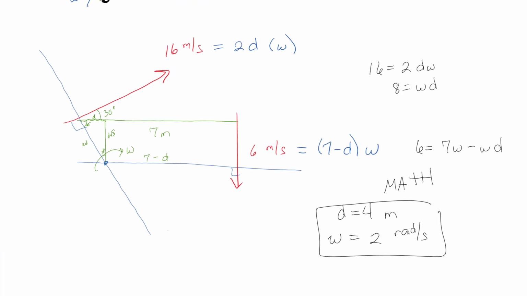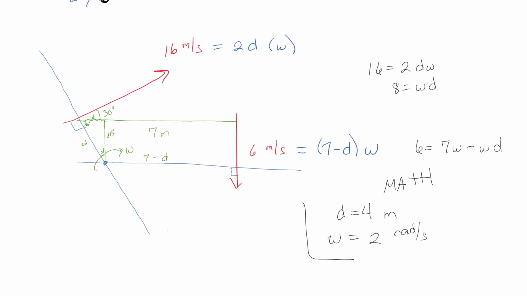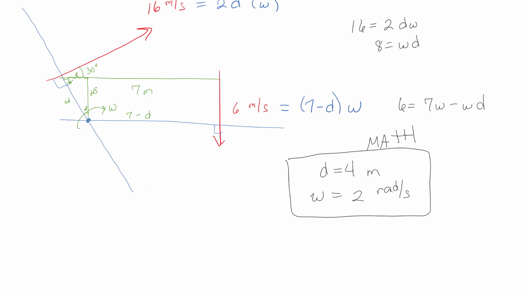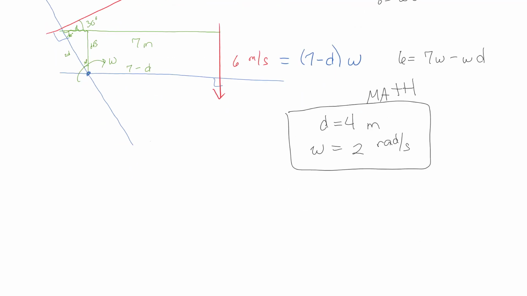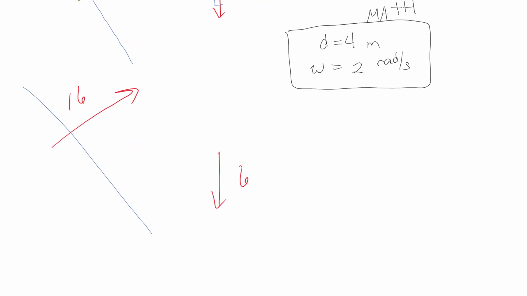You're not always going to get pretty answers, but look at this and see if it feels right. So I drew it really close, but in reality, it was a lot further away. This was the 16 and this was the 6. It actually is even further down.